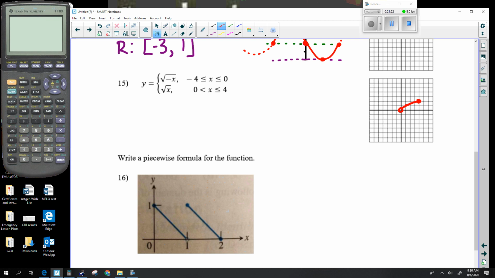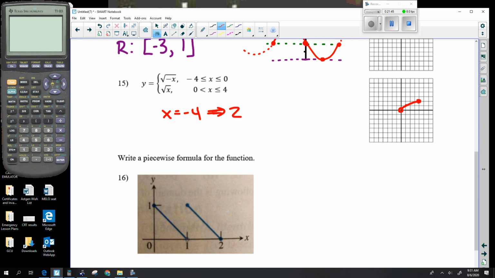-4 to 0, I believe it'll be the same thing, just going in the opposite direction. So for example, if I plug in -4 as my x, what I'm going to get out is a +2 from that upper formula.